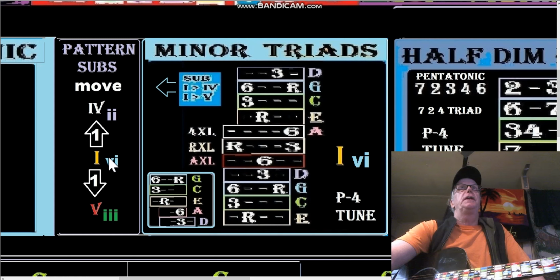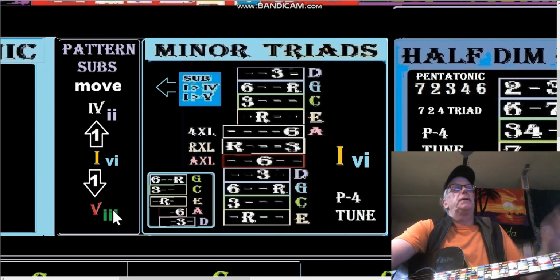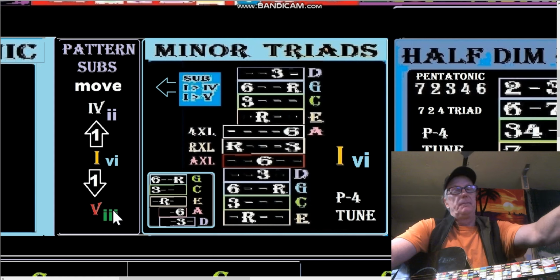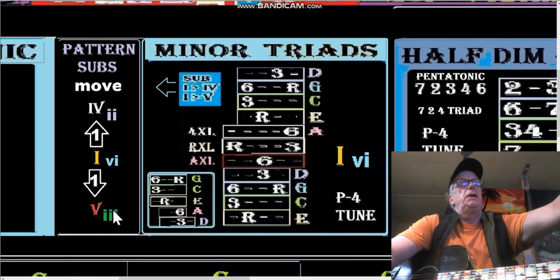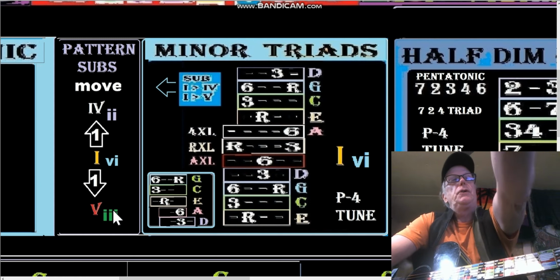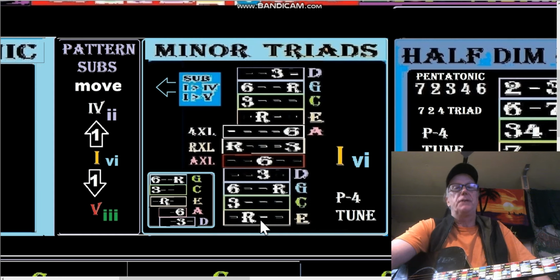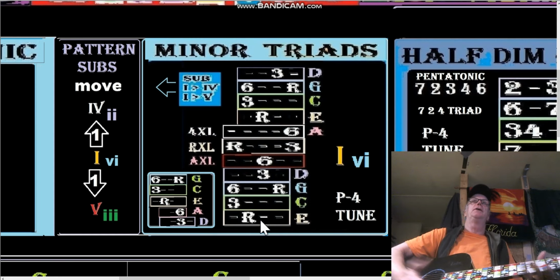Now, to get to the 2nd minor and the 3rd minor, in the key of C the 6th would be the A minor, the 2nd would be D minor, and the 3rd would be E minor. To get to those minors using this pattern, you just use the same pattern and substitute it into the box that you're playing the root in.